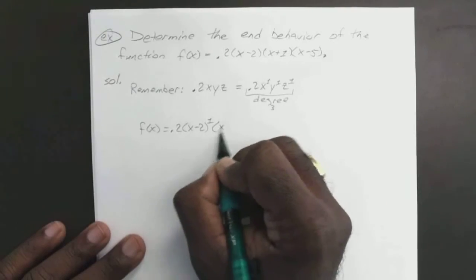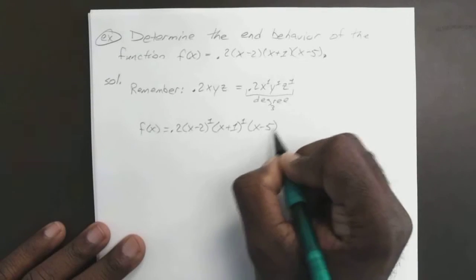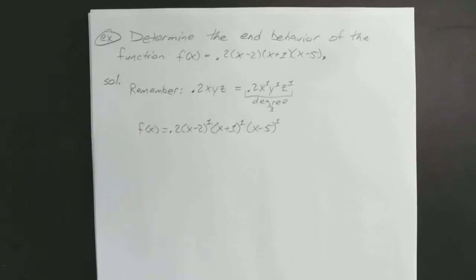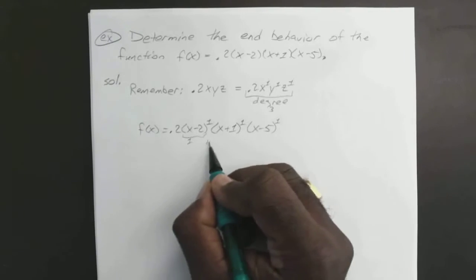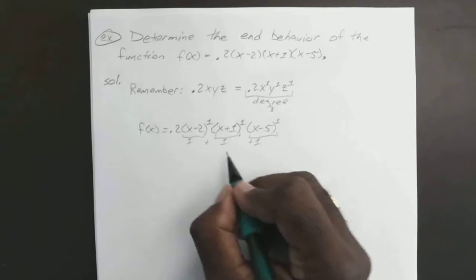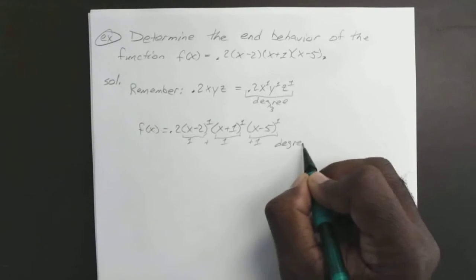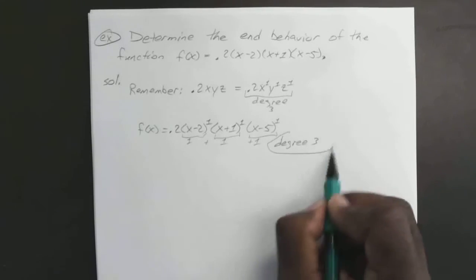You have f of x equals 0.2 times (x minus 2) to the first, (x plus 1) to the first, and (x minus 5) to the first. If you add all those exponents together, 1 plus 1 plus 1, you have degree 3. Any questions on that step?